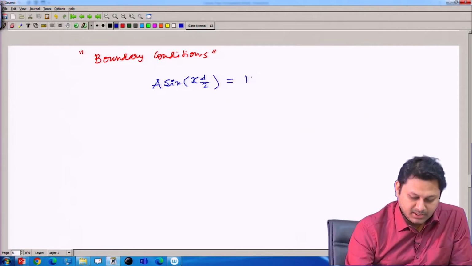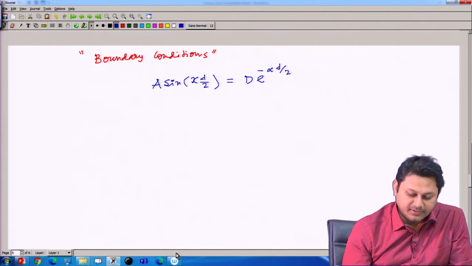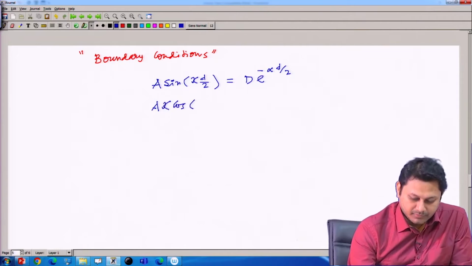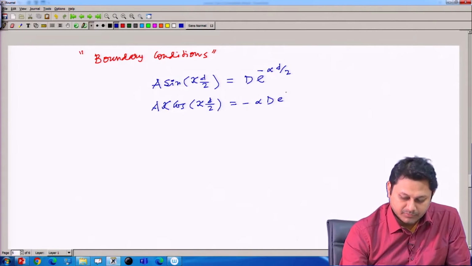Then it should be D e to the power of minus alpha d by 2, that is one equation. Second, the derivative is also continuous at that point. So, A kappa cos of kappa d by 2 will be equal to minus alpha D e to the power of minus alpha d by 2.